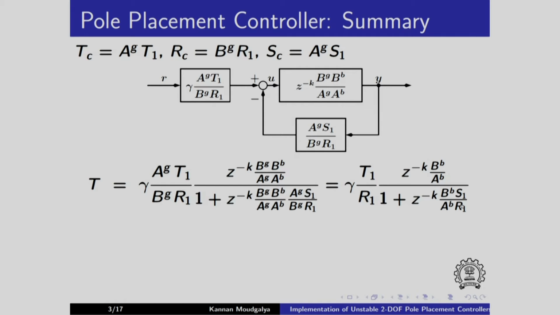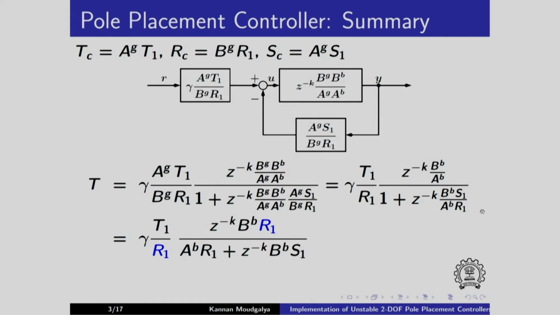Now let me multiply both numerator and denominator by ABR1. I get this expression. I have written this R1 in blue and we are going to cancel this. And let us see what happens when R1 has its 0 outside the unit circle.